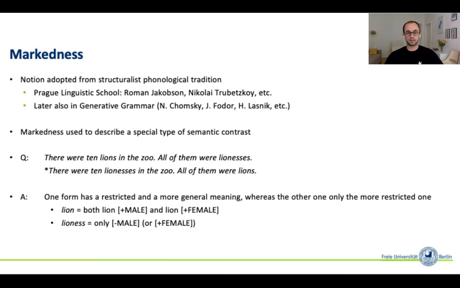Or is it the presence of a female semantic feature, right? But by the same token, if we talk about lions, do we have plus male or do we have minus female? Right, so these are some questions that we can think about when we describe the meaning of words using semantic features.